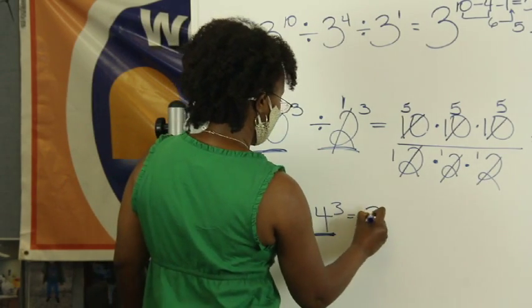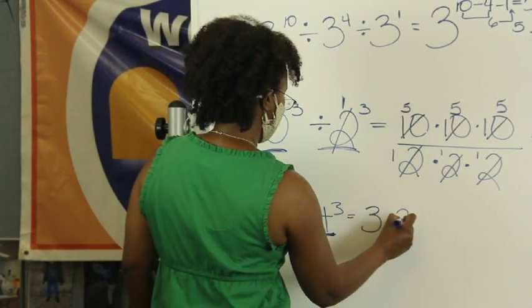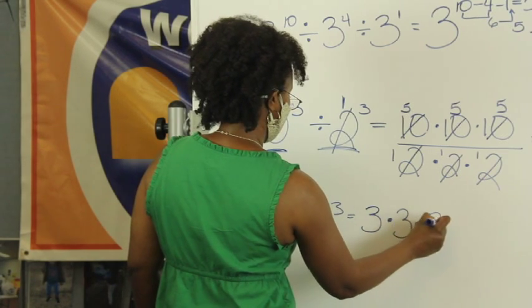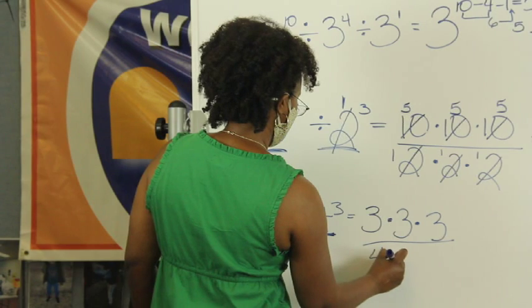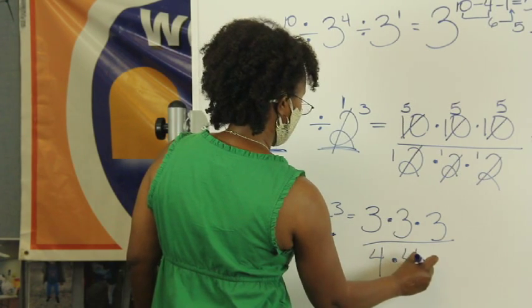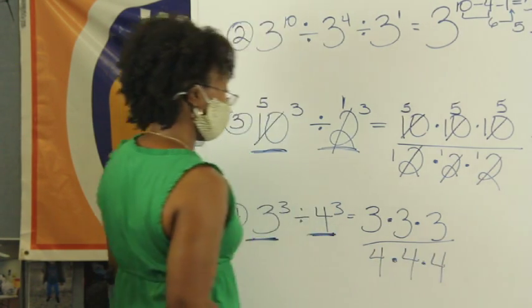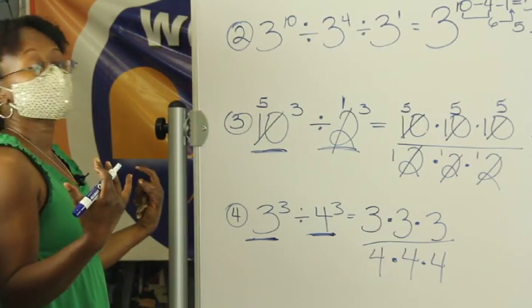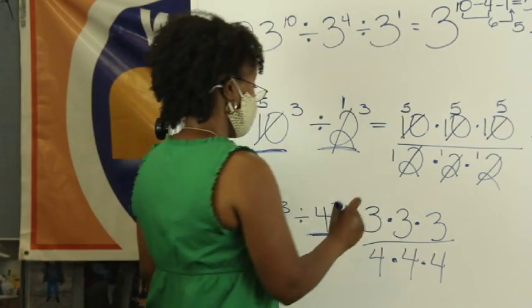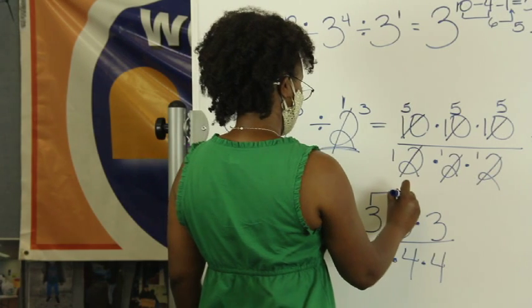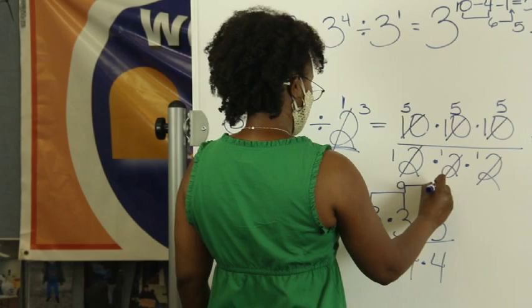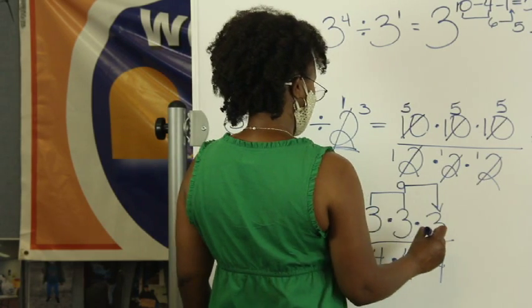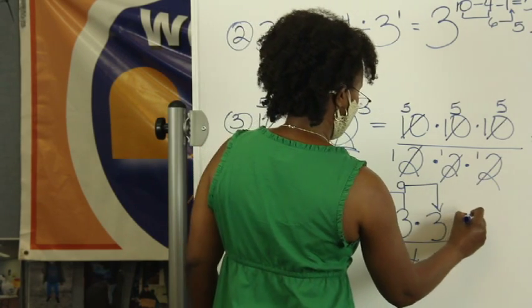Here we go. 3 times 3 times 3 and 4 times 4 times 4, okay? So I'm just going to start with the top, the numerator, and do 3 times 3 is 9, and 9 times 3 is 27.